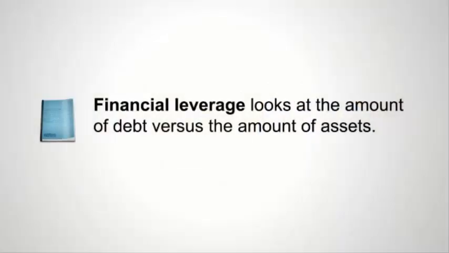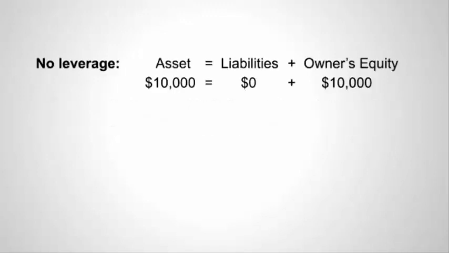All right, the next thing I want to mention is a thing called financial leverage. And leverage means how much debt do I have as a proportion of the asset. So if I purchase a $10,000 asset and I use $10,000 of my own money, there's no debt involved, right?